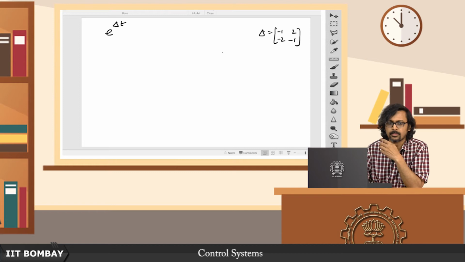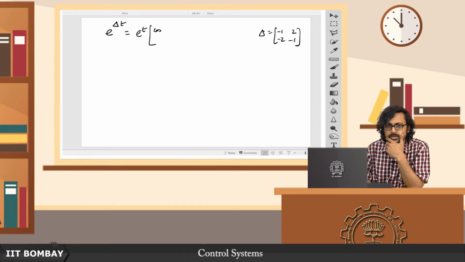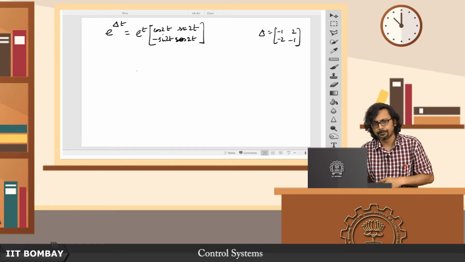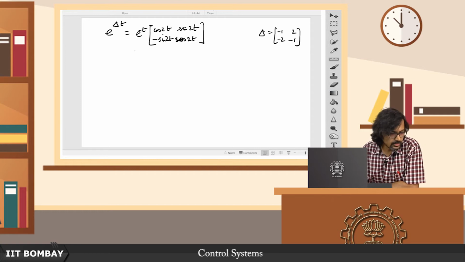So then this is going to be equal to e to the minus t times the matrix cos 2t, sin 2t, minus sin 2t, cos 2t. So that is going to be my e to the delta t straight away. Not very difficult. This was the problem that we wanted to solve, and we found a way around.